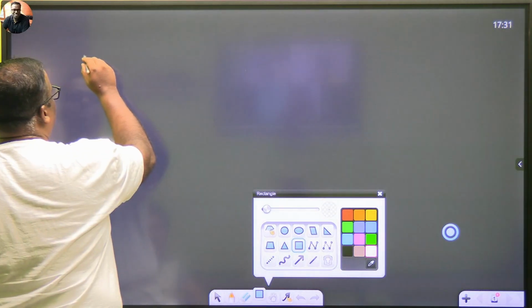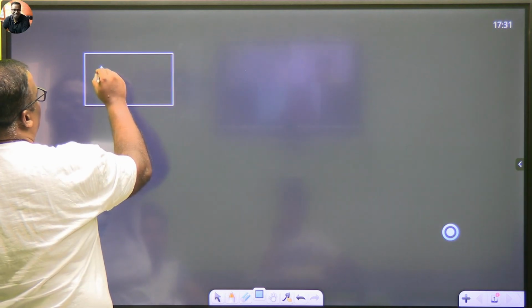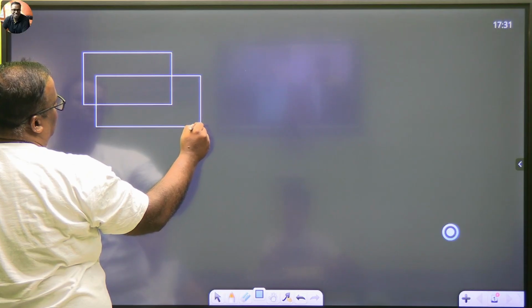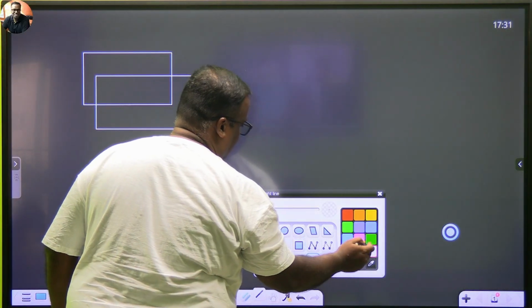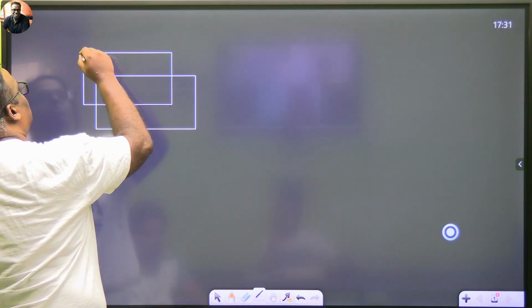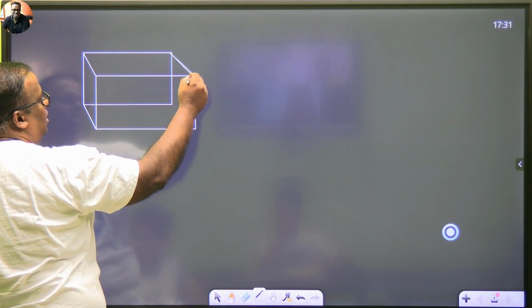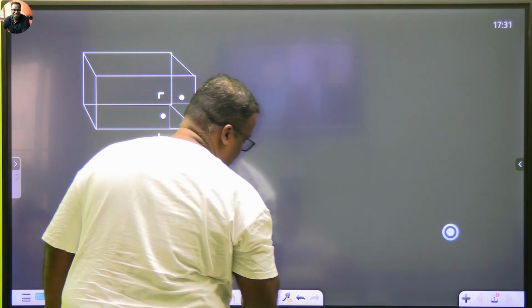Okay, so we take back our same example. We make our cuboid, the cuboid that we had. Now we will add some dimensions to this cuboid and do one calculation. So this is my cuboid. The easiest way to make a cuboid is a rectangle on a rectangle, and then join the edges. I need to add some length, breadth, and height.